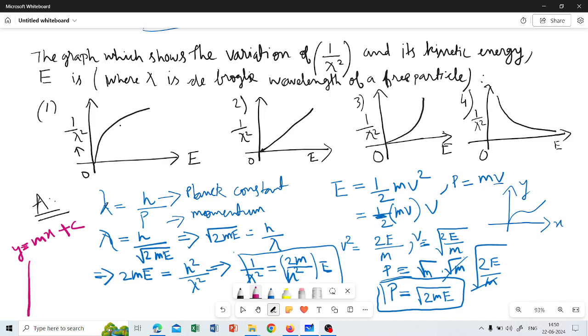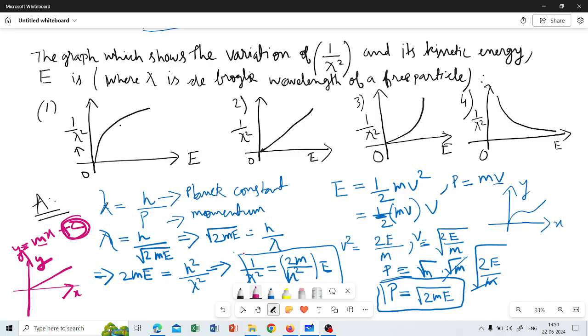Any straight line can be represented like this. For example, for a straight line passing through the origin, the intercept value is 0, so only the y is equal to mx form remains. This is the slope, don't confuse it with mass here. This is an altogether different expression in x and y.